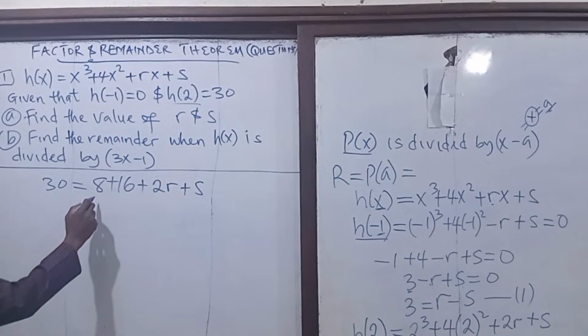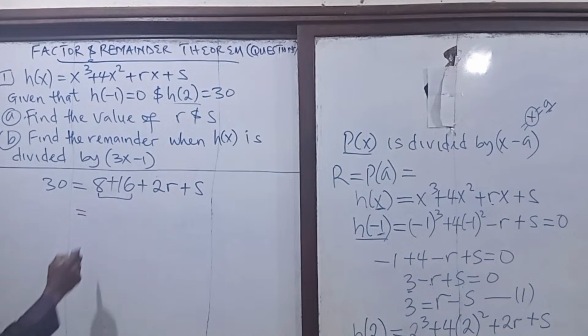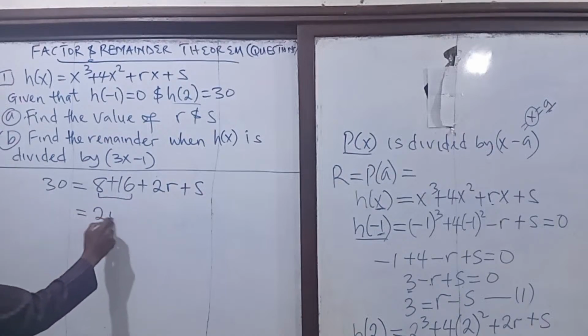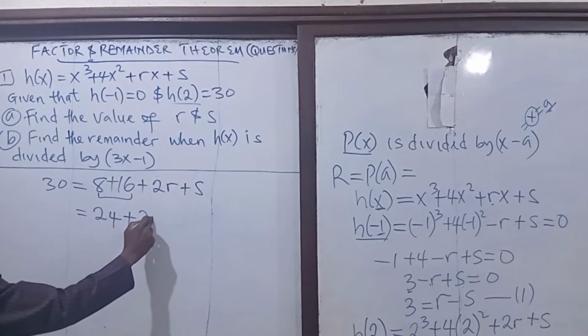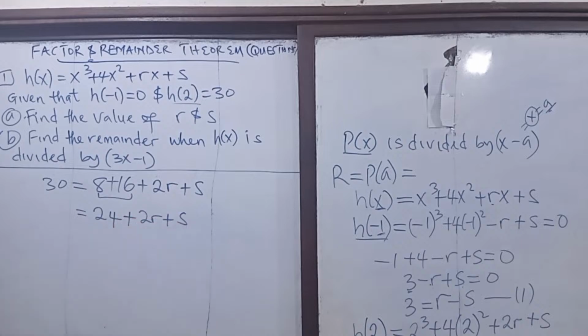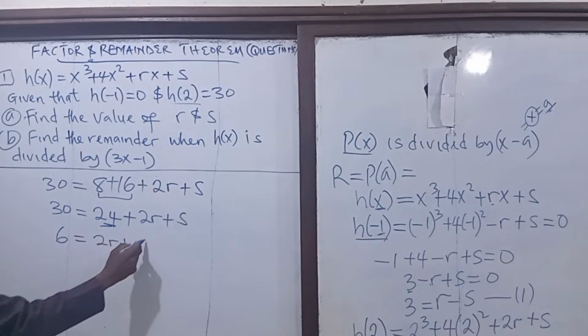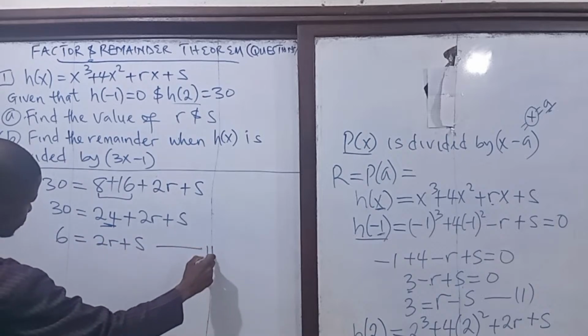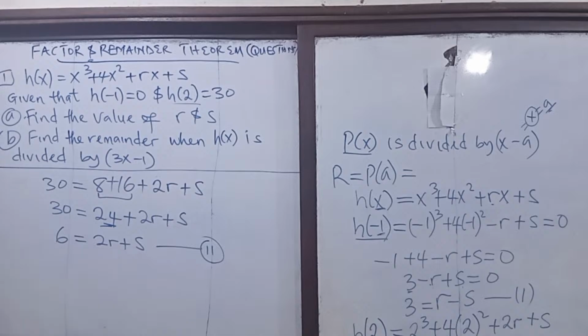So combine these two together. That will be 24 plus this. Then you can move this 24 to the other side. So I have 6 equal to 2r plus x. Call it equation 2. And then now solve equation 1 and 2 simultaneously.